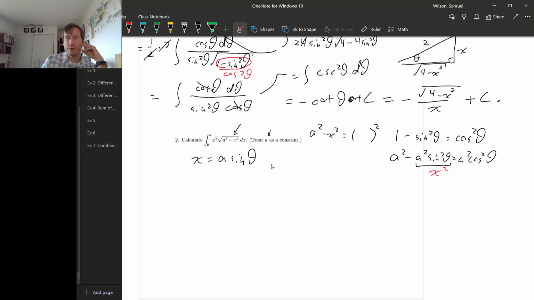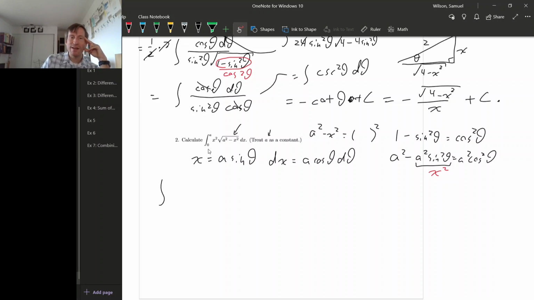So now we need to calculate differentials. So dx is a cosine theta d theta. And now we can do our trig substitution. When we do this trig substitution, you don't need to change the bounds, but I like changing my bounds.